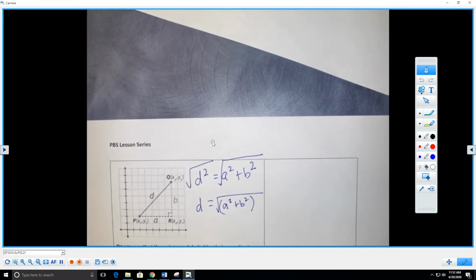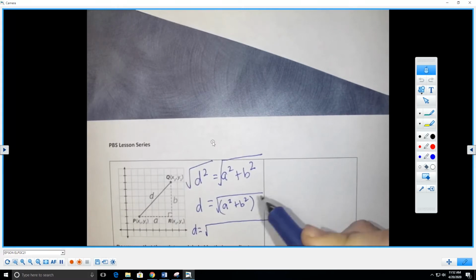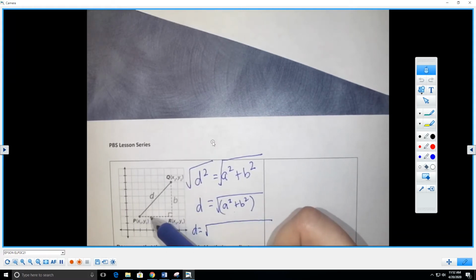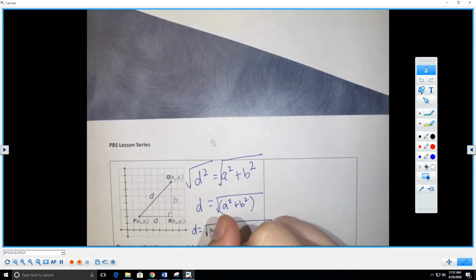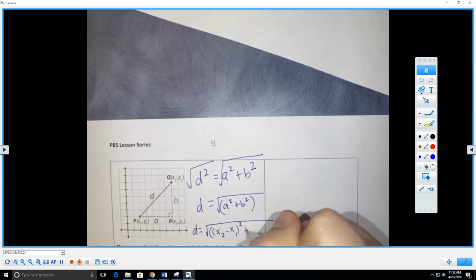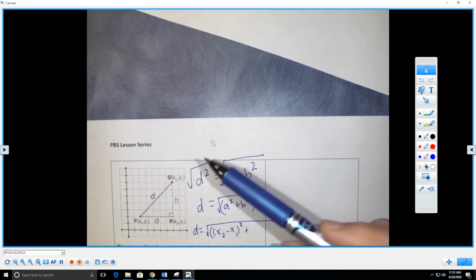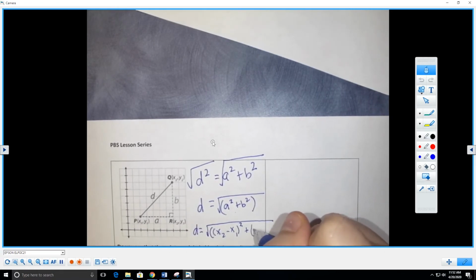So what that means, guys, is that d equals the square root of, now how did we get a? Well, we had to do x2 minus x1. So we have x2 minus x1 squared plus, how did we get b? Well, we did y2 minus y1, so plus y2 minus y1 squared.